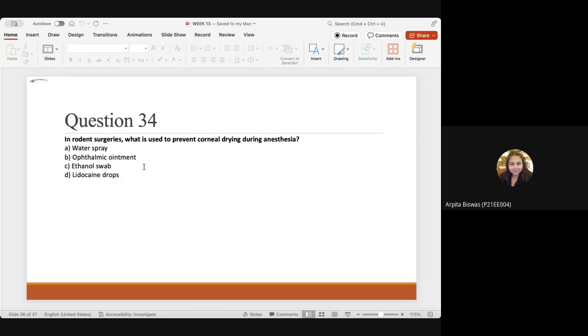Okay. So next, question number 34. In rodent surgeries, what is used to prevent the corneal drying during the anesthesia? First option is a water spray. Option B is the ophthalmic ointment, option C is the ethanol swab, and option D is the lidocaine drops.